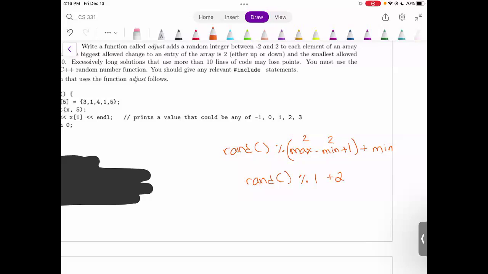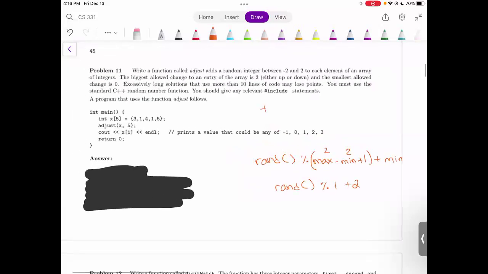Okay. So we also have to do, they say use the appropriate include statements. So #include <cstdlib> and #include <ctime>, right? That'll make sure we get a completely new random number every time. So we'll say srand(time(0)) after we include both of these, obviously.